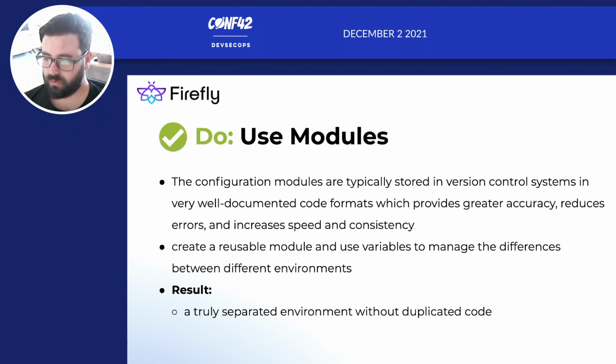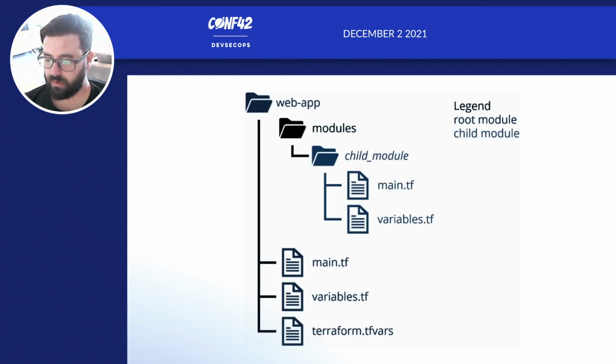If I need to describe modules in a few words, modules are smaller pieces of infrastructure as code that you can share between projects. If you want to get an idea of what modules look like, you can see it in this diagram. You have the main project; this is the root module, and this is what you are doing by default.